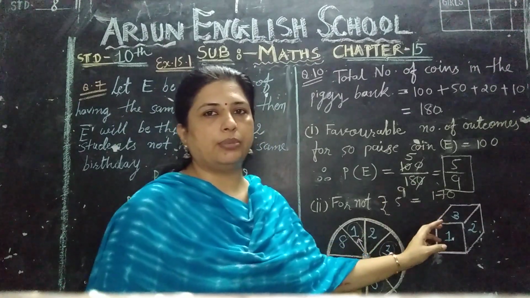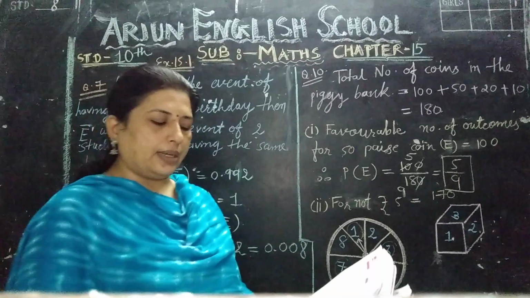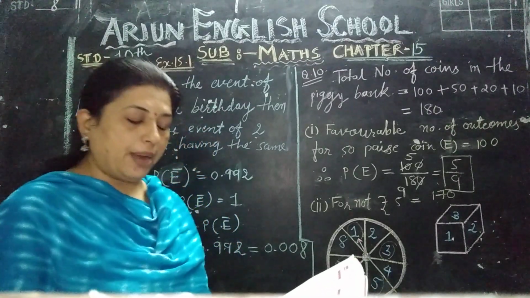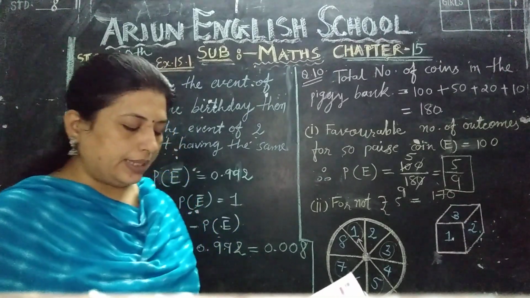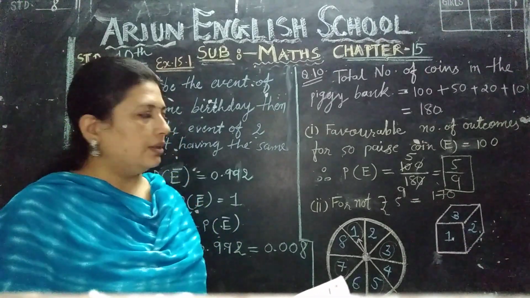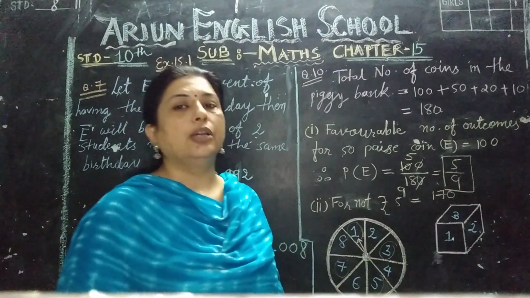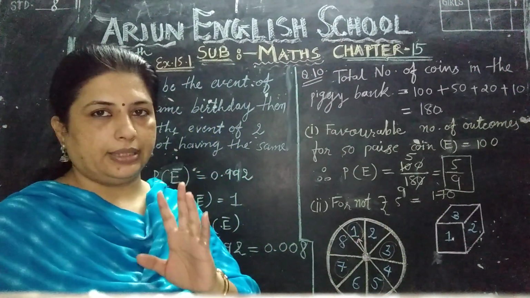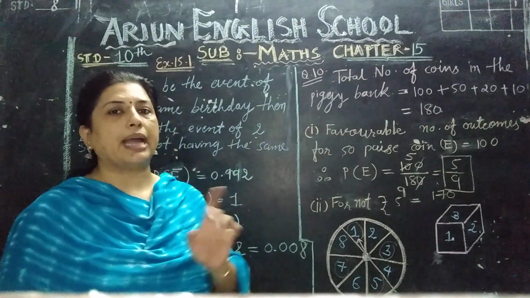So total outcomes are 6. And the first question is, we are getting a prime number if I throw it once only. Which are prime numbers in these 6 numbers? 2, 3 and 5. That means 3 prime numbers are there. So probability is 3 by 6.